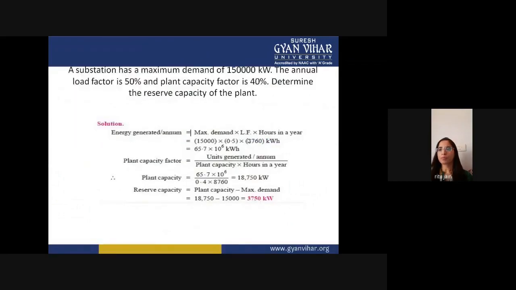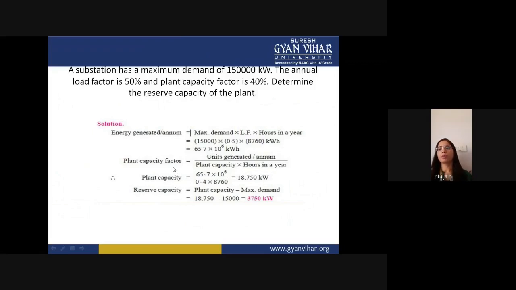Okay, so the energy generated per year can be calculated by this formula, which is equal to maximum demand into load factor into hours in a year. For a year, the number of hours is your 8760, and 15,000 is your maximum demand. Load factor is given as 50%, which is 0.5, less than 1. So the energy generated per year is equal to 65 into 10 to the power 6 kilowatt hour.